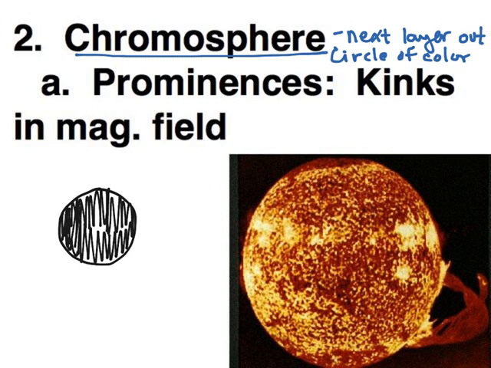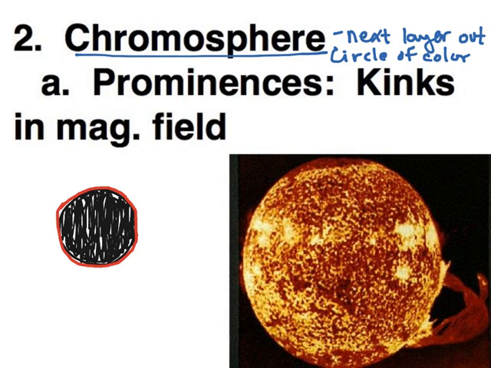So it's blocking the part of the sun that gives off all that light that we normally associate with the sun. But because it's blocking the photosphere, it means we can start to see layers outside of the photosphere. And we see a very thin layer of red that will appear during a solar eclipse, and that is the chromosphere.